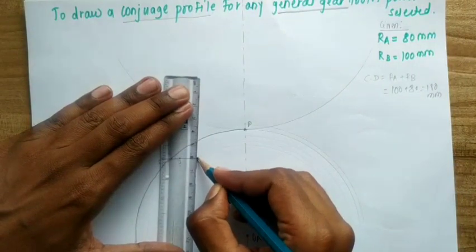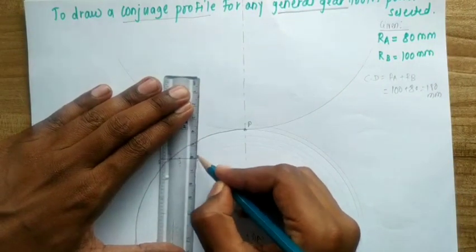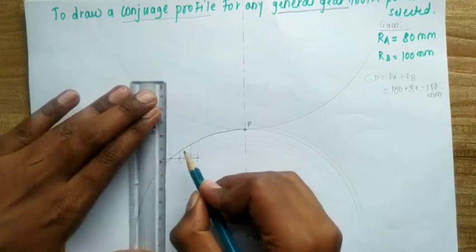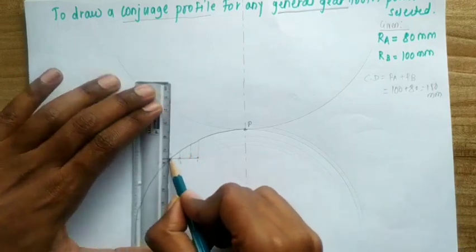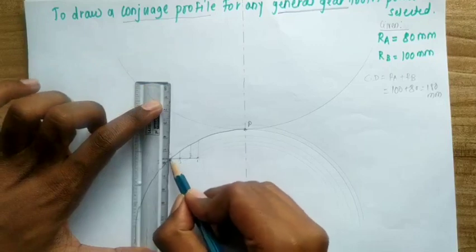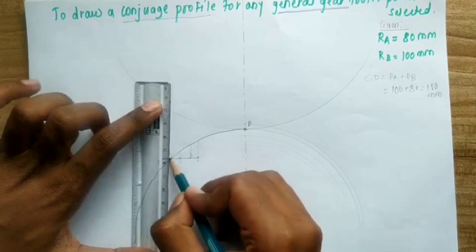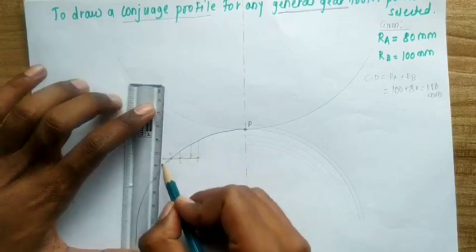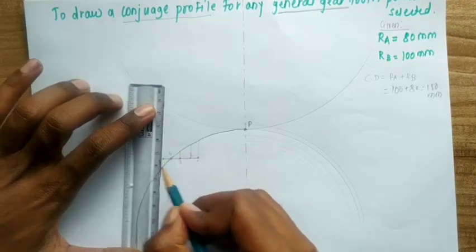So this is the normal to the gear tooth profile through point 1, through point 2. You notice that I drew them only up to the pitch circles. Now if I try to draw a normal through the 4th point, this point is on the pitch circle, so no need to draw a normal, it is at this point only. So the length of the normal will be 0 here. Next, the normal through 5 up to the pitch circle.